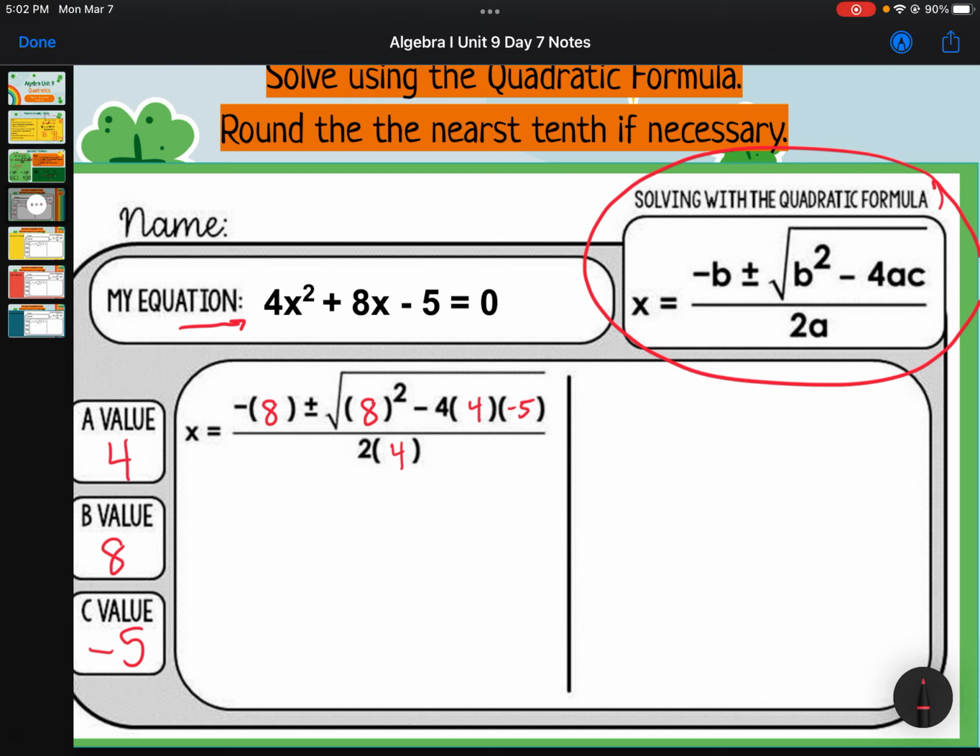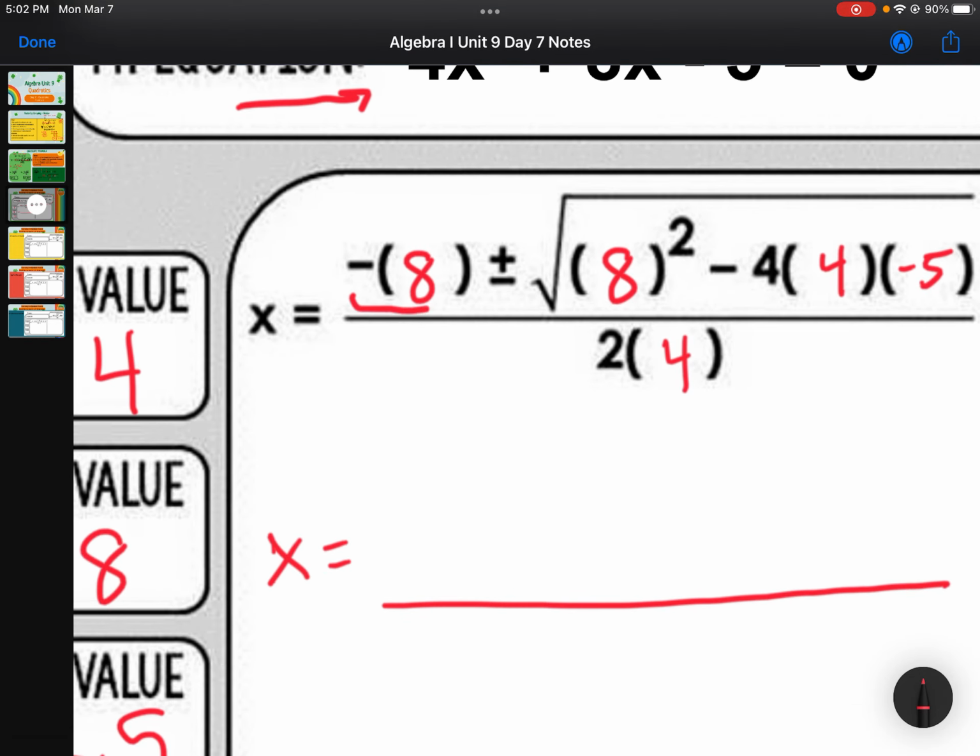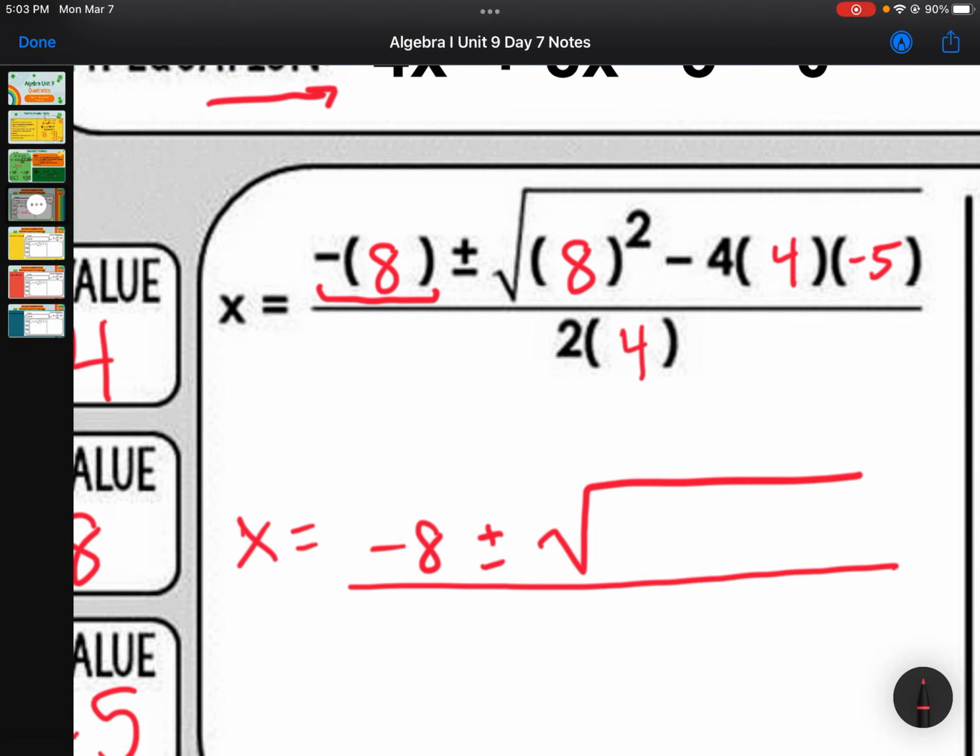Now let's break this down. So I have negative times 8, that's negative 8, plus and minus square root of. In my calculator, I would type this in. So take a second and practice typing it in. 8 squared, make sure you use parentheses, minus 4, parentheses, 4, close parentheses, open parentheses, negative 5.